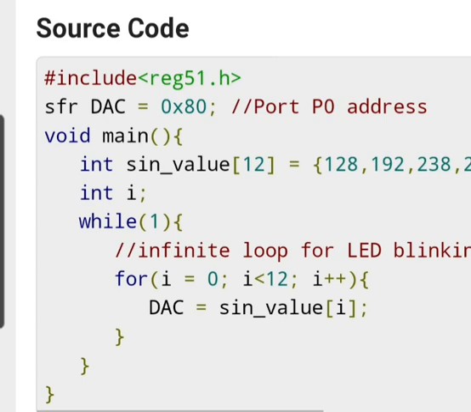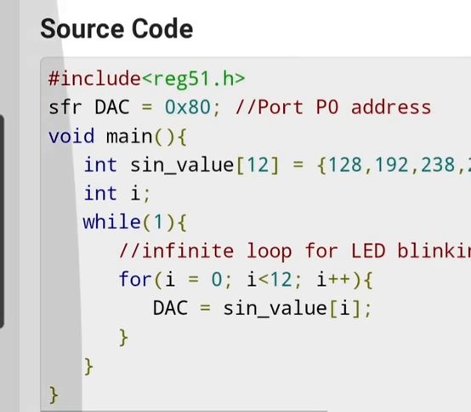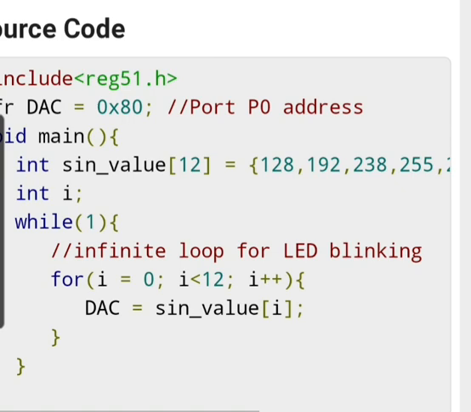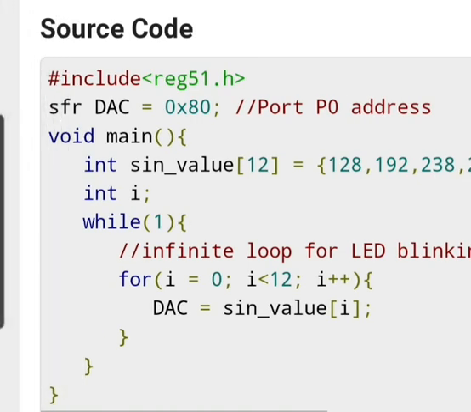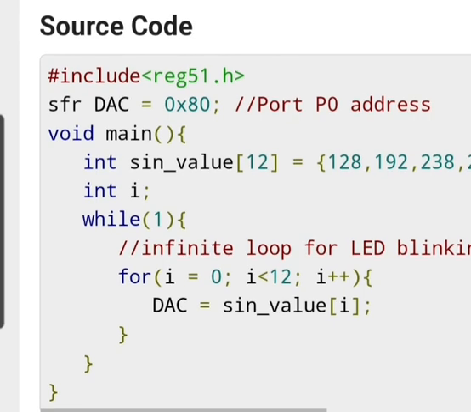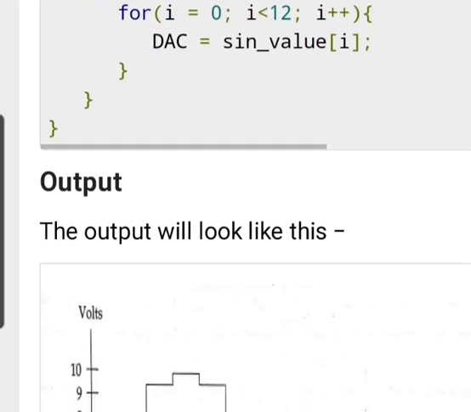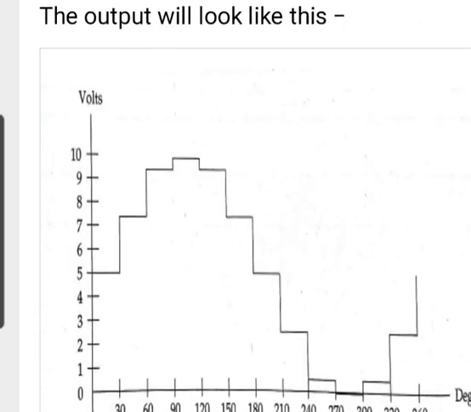Then void main, sine value, int i, while loop. This is an infinite loop. Then a for loop is used, and the DAC is given the sine value of i. The output will look like this diagram.